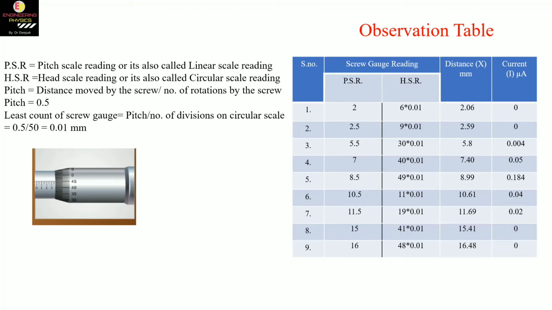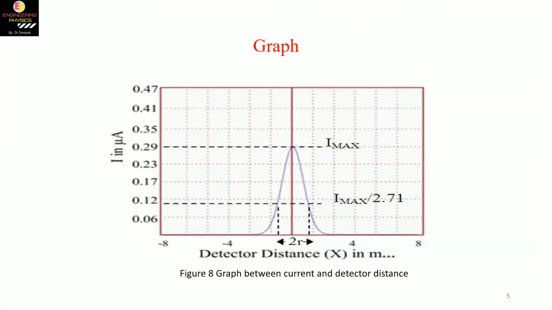And after that, the plotting of the graph looks like this. This is the I maximum value we have. Now we have to calculate the spot size radius R, using I maximum divided by e, like a constant, e having a value of 2.71. We draw this on the y-axis and extend it to the left or the right side.